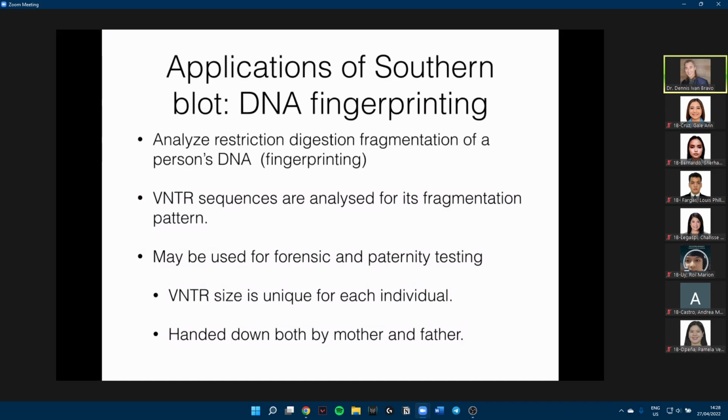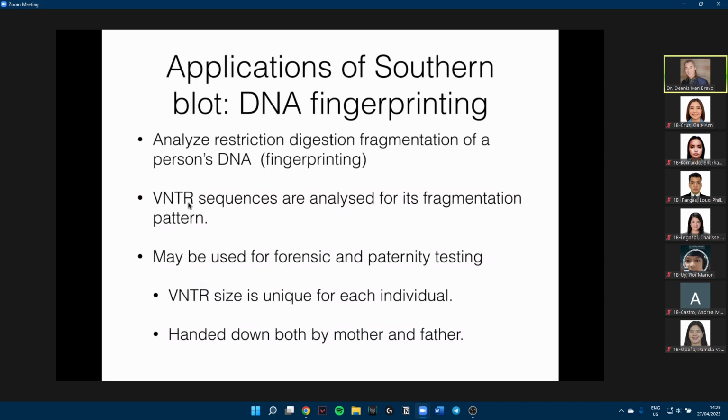All right, so now let's discuss the other application of Southern blot, and that would be DNA fingerprinting. So we can analyze the restriction digestion fragmentation of a person's DNA. Now, the DNA sequences that are going to be analyzed here are referred to as VNTR, variable number of tandem repeats, sometimes called the microsatellites in other books.